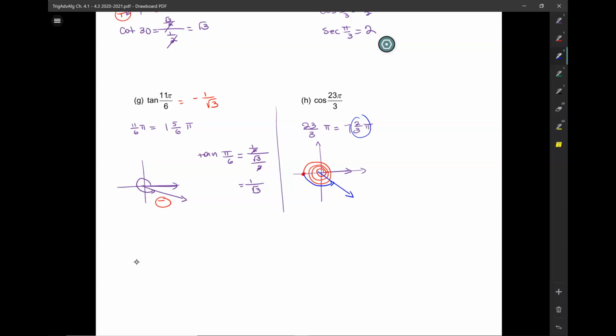Okay, I need to find cosine of pi over 3. I go to the triangle, and that tells me that the adjacent for pi over 3 is 1/2. In that quadrant, cosine is positive, so my answer is 1/2. And that is that.